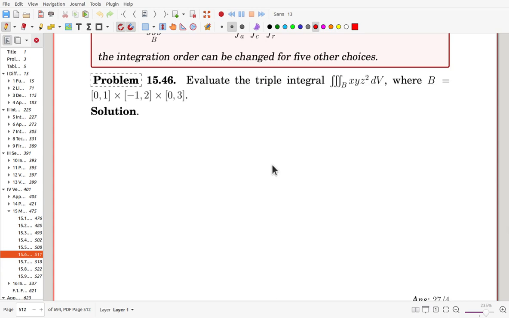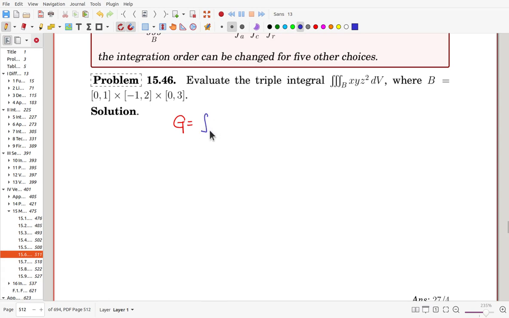Evaluate the triple integral over B of x y z squared dV, where B is this box. Okay, and by using Fubini's theorem, the given integral can be written. Let's try to use a blue pen. Any direction will be fine.